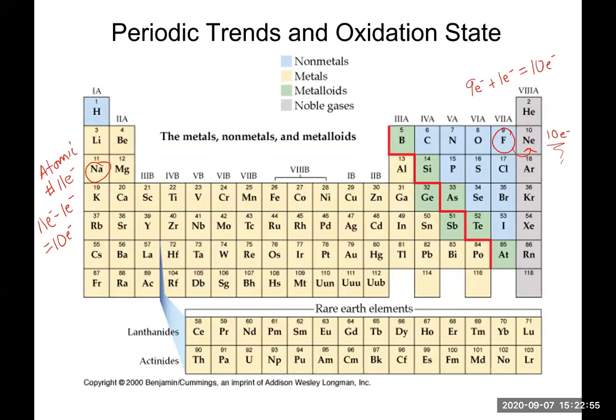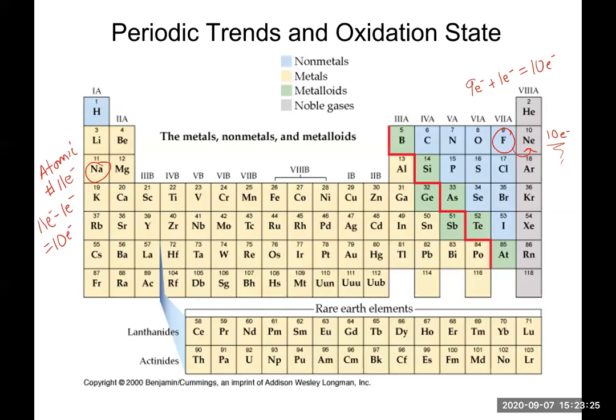Now let's talk about both fluorine and sodium, and think about these two species reacting with one another. Sodium happens to have 1 electron it can give up, and fluorine happens to need 1 electron. If sodium gives up 1 electron, it gets the electron configuration of neon. If fluorine accepts 1 electron, it gets the electron configuration of neon.